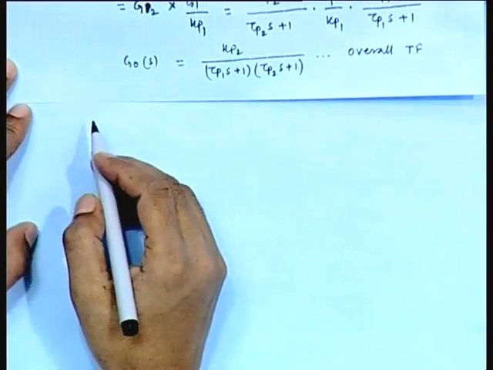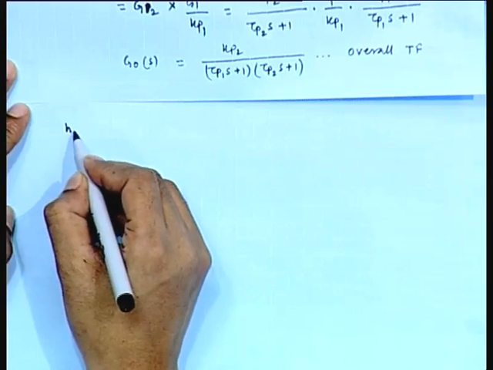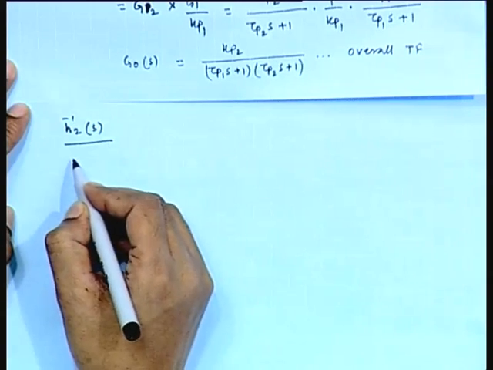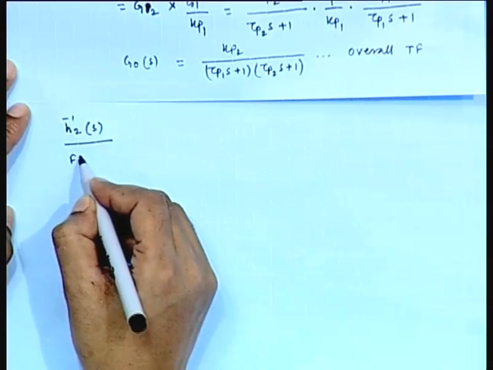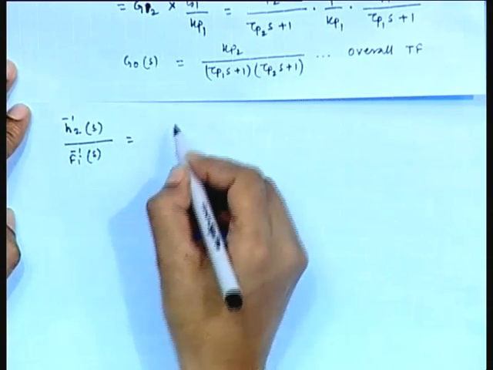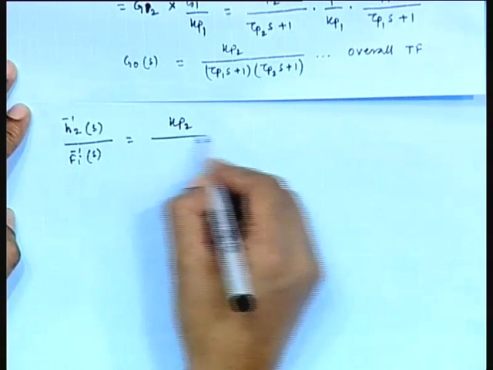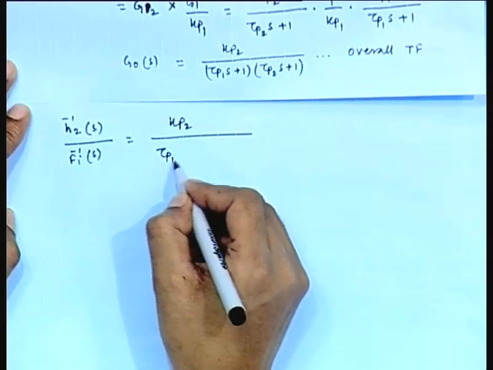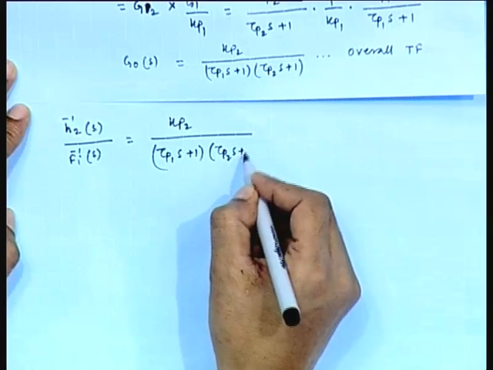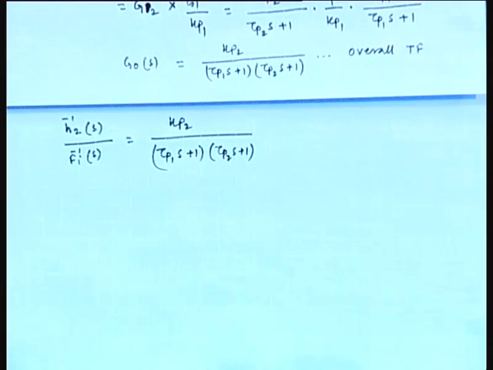So, G naught S is basically H2 bar prime S divided by Fi bar prime S. We can write in this form.